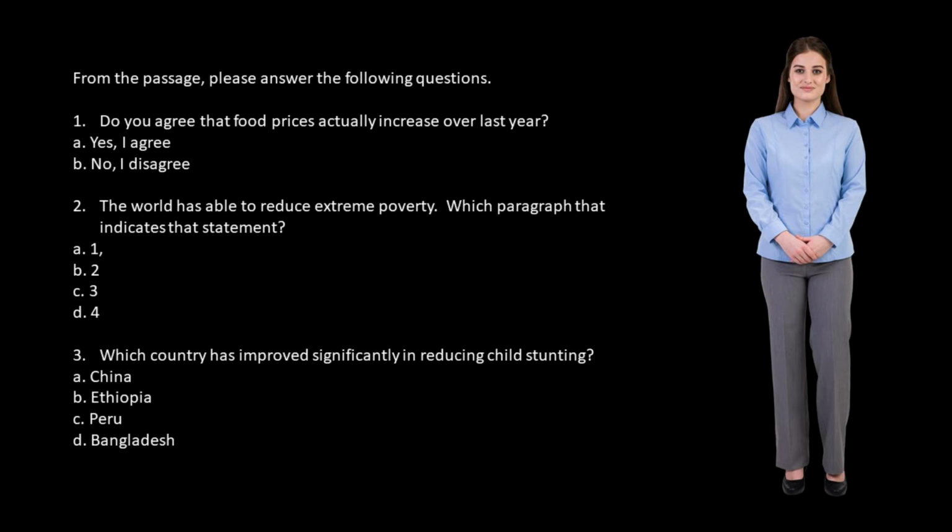B. 2. C. 3. D. 4. 3. Which country has improved significantly in reducing child stunting? A. China. B. Ethiopia. C. Peru. D. Bangladesh.